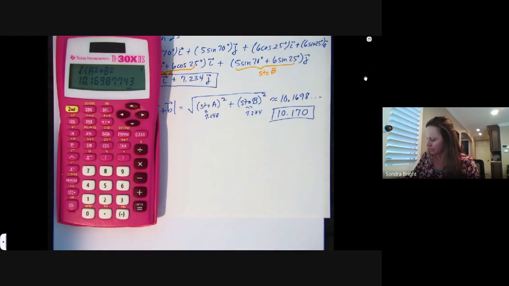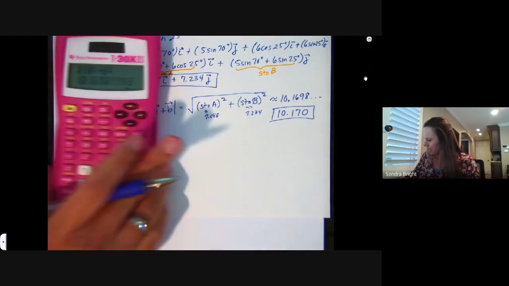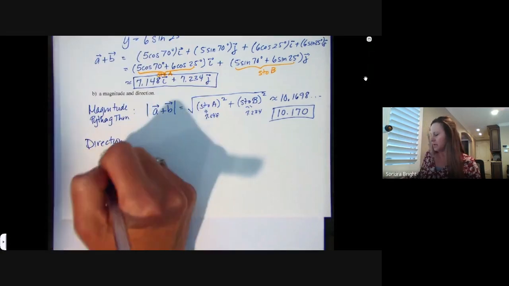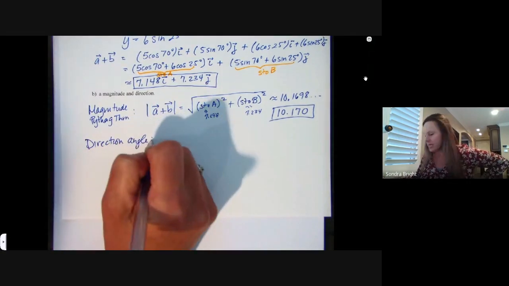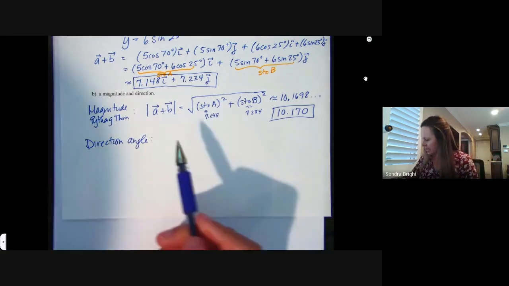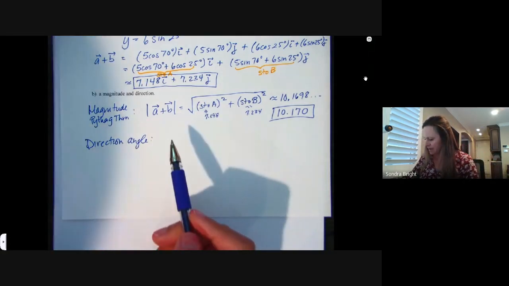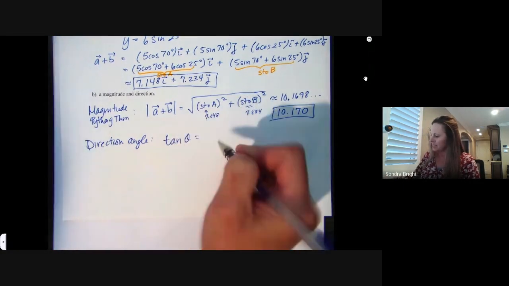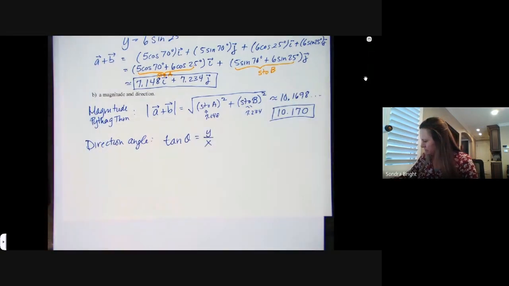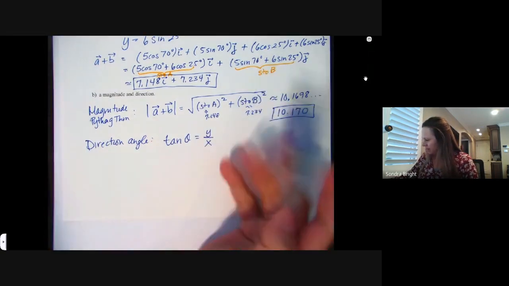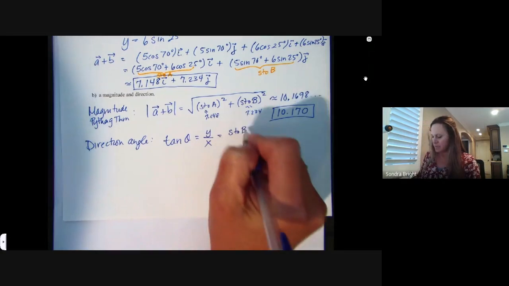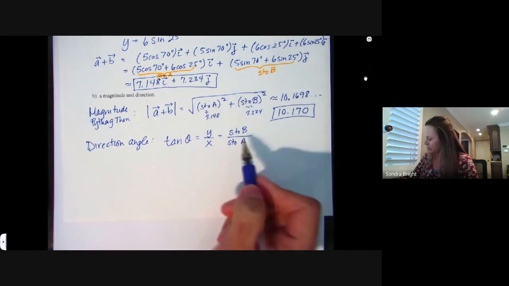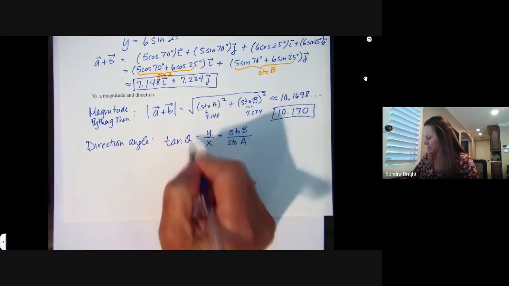And how you find the direction angle, this obviously is not one of the ones you've memorized, right? So you're going to use tangent. You're going to use the fact that tangent of theta is equal to y over x. Well, the y is that stored B value, and the x was the stored A value. To find theta, you're going to take the inverse tangent of both sides.